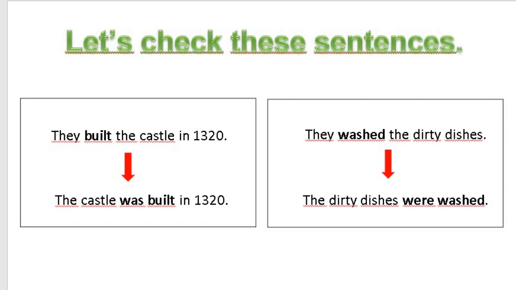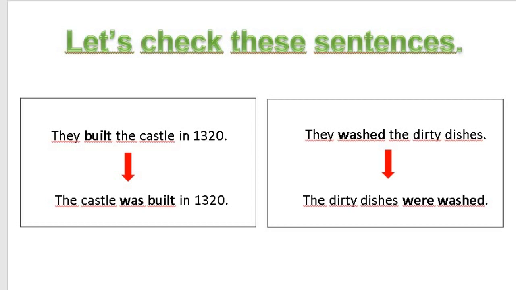Let's check these sentences. They built the castle in 1320. The castle was built in 1320. Do you see a difference between these sentences? In the first sentence, it is written, they built the castle. In the second sentence, it's written, the castle was built.